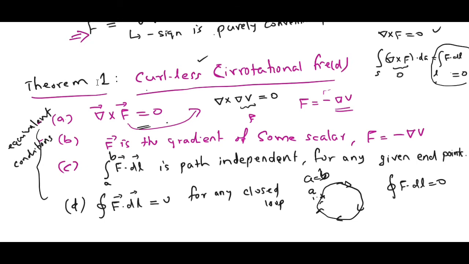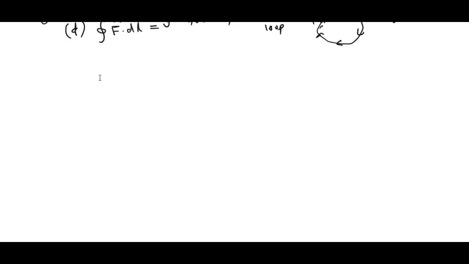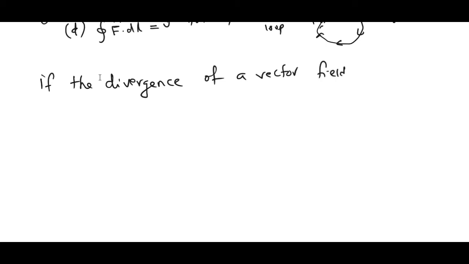Now, the second case: if the divergence of the vector field vanishes everywhere, that is, if del dot f is equal to 0, then the vector function f can be written or expressed as a curl of a vector potential.